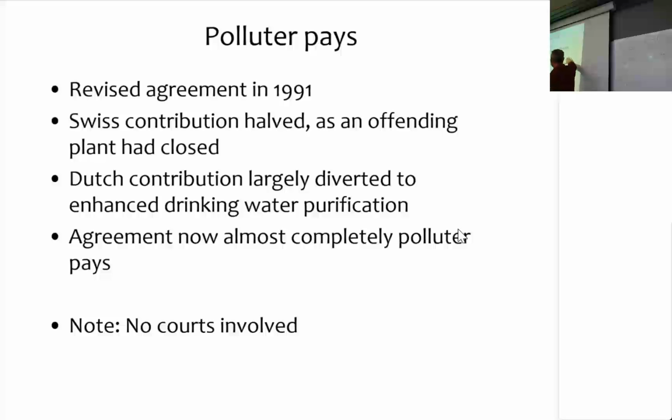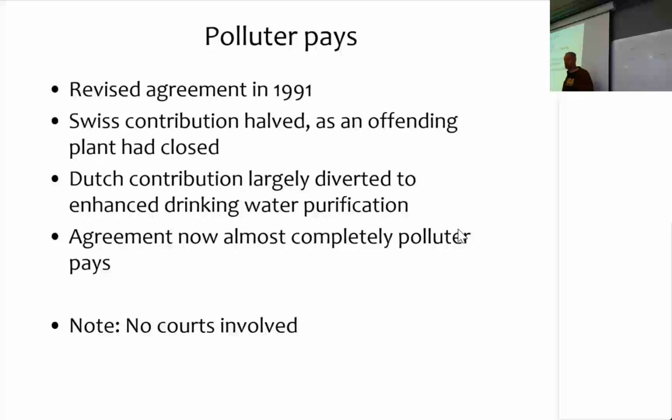The Dutch contribution, which was still around a third, was now paid to the Netherlands instead, so no longer to France. And the Dutch contribution essentially went to better treatment plants, which implies that all of the costs of emission reduction are now carried by France and Germany, that is, the people who dump chlorides in the Rhine.